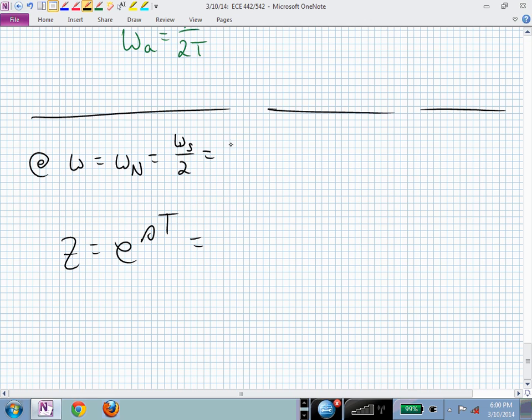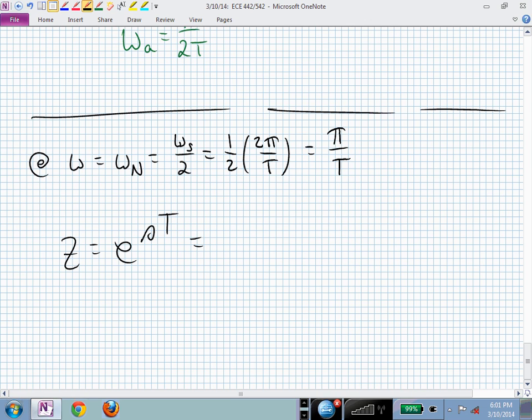Omega sub s, remember, is this 2 pi over cap T. The 2's cancel, and so right at the Nyquist frequency, or the highest frequency that we're ever going to see in terms of our sample period, is just pi over cap T.